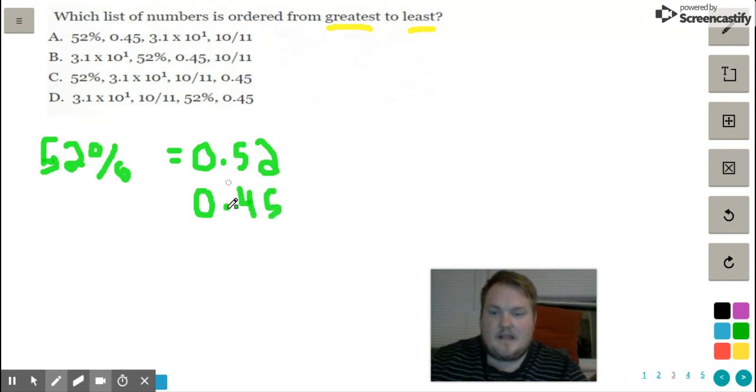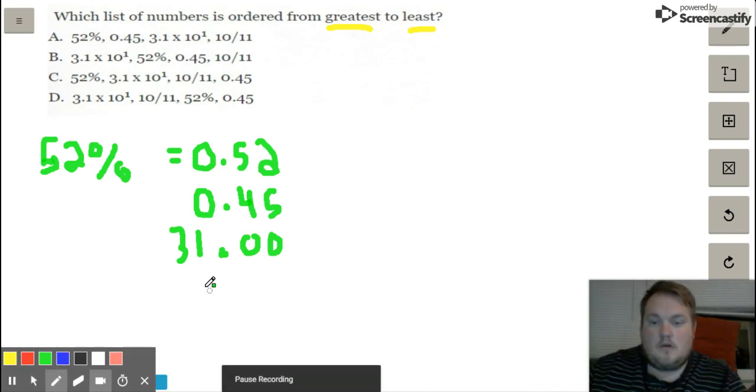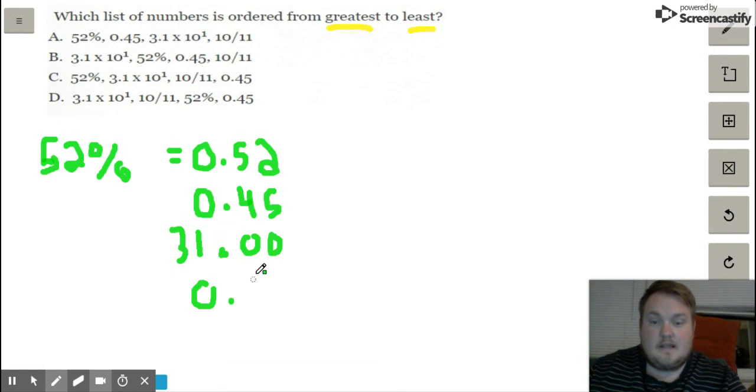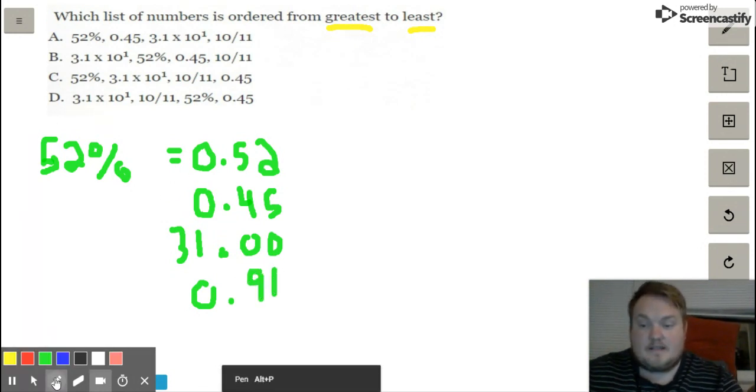Keep in mind that I'm lining my decimals up, okay? 3.1 times 10 to the first is 31. Remember, there would be a decimal at the end of that, and you could add zeros if you wanted. And then 10 divided by 11 would equal 0.91.